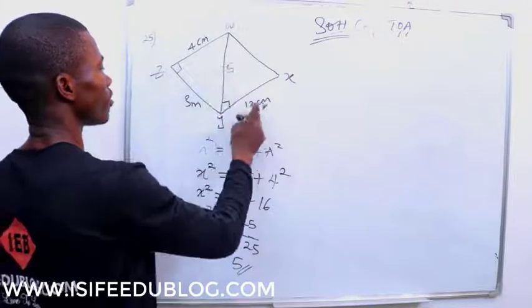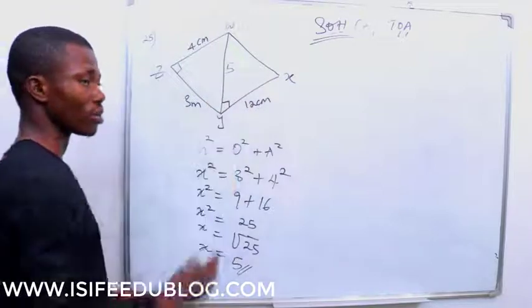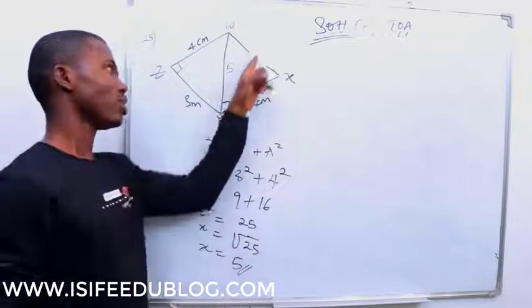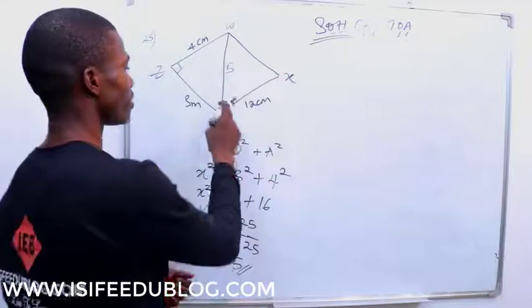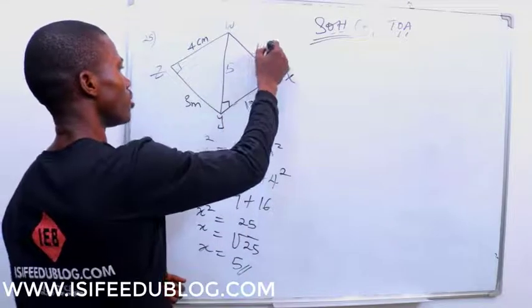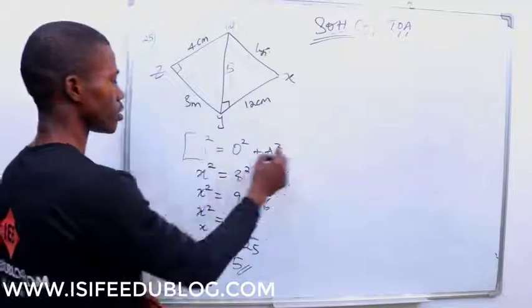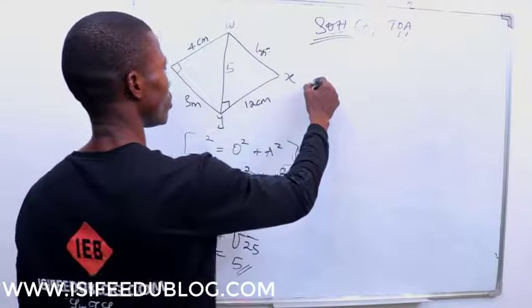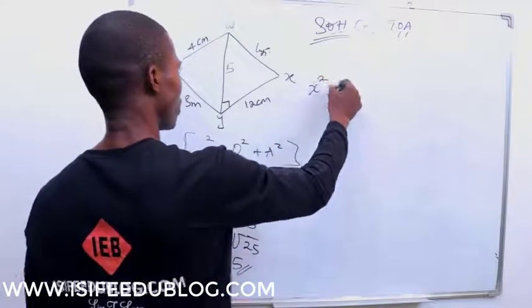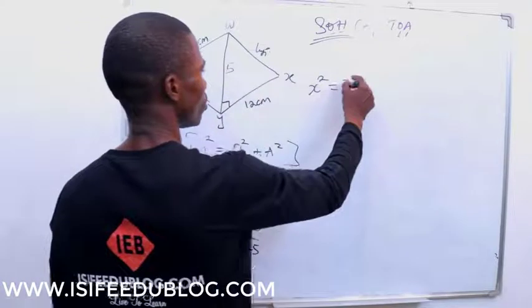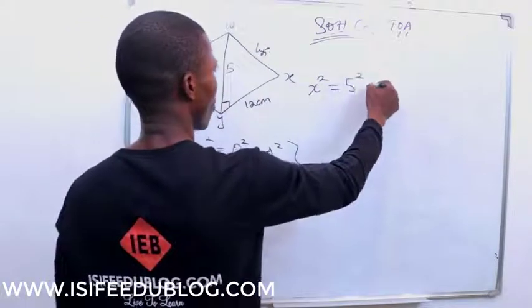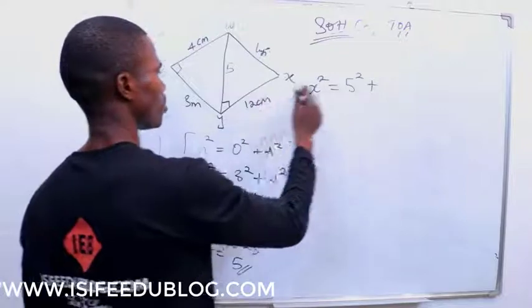If this side is 5 and this side is 12, here now, always understand here is our hypotenuse. It is facing this angle. Let's go and find it also and use this same formula. Hypotenuse squared, we call it x, is equal to 5 squared, opposite squared, plus adjacent squared, that is 12 squared.